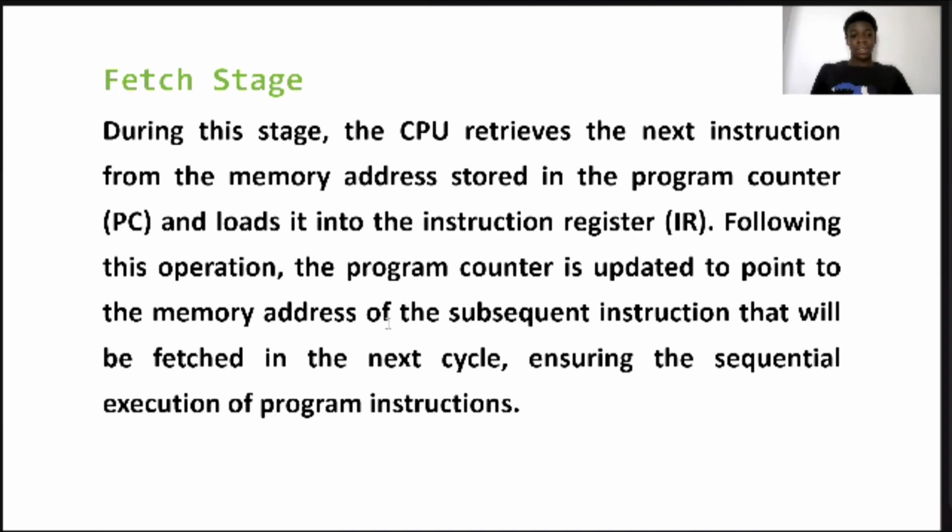So at this stage, the CPU retrieves the next instruction from the memory address in the program counter. The program counter points out the next instruction that's to be executed, but it has to pick this from the memory address, then copies it to the memory data register, which are all found inside the RAM. The RAM is random access memory.